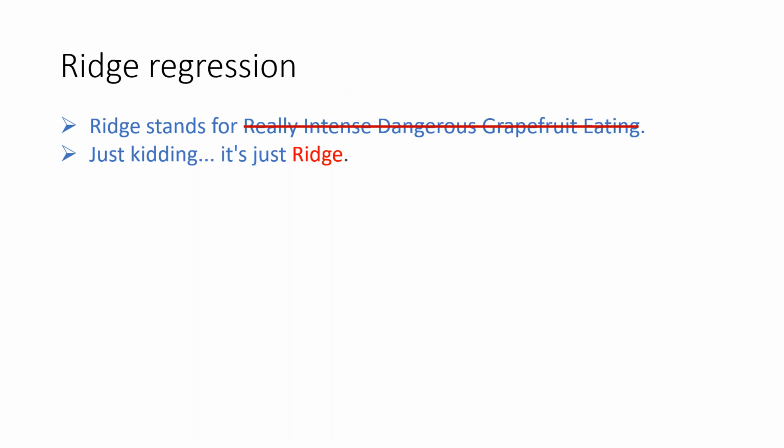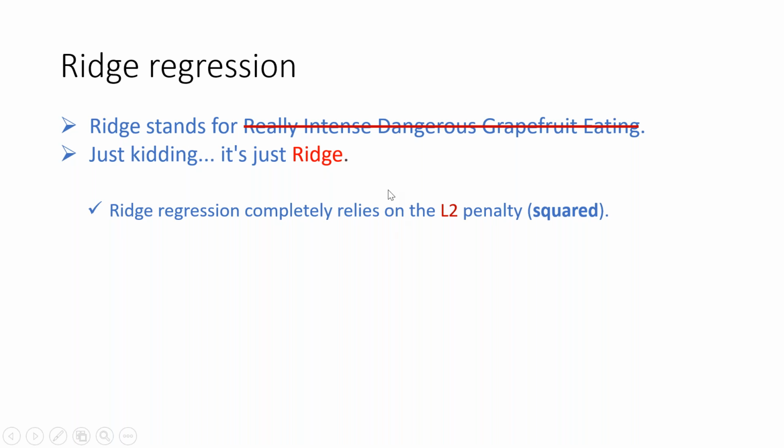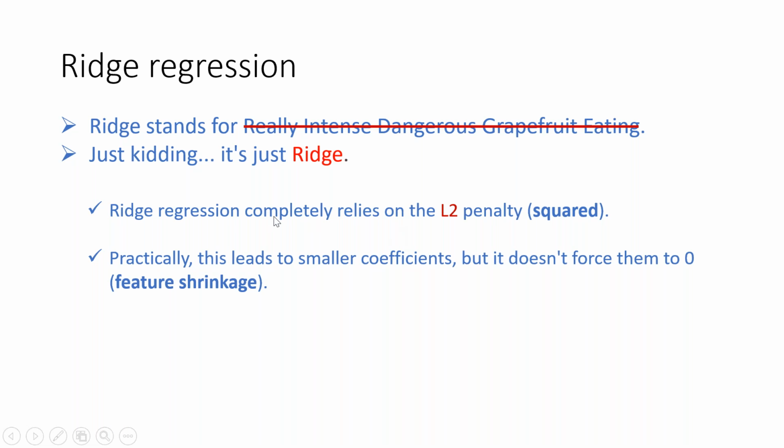We also call it ridge. Ridge regression completely relies on the L2 penalty. It uses the sum of squared slopes with a particular lambda value added, and the effect of that leads to smaller coefficients, but it doesn't force them to zero. That is why feature shrinkage can be achieved.